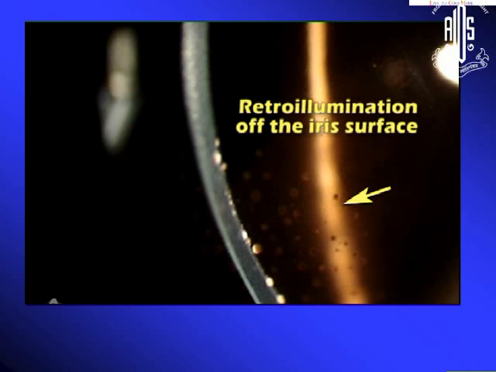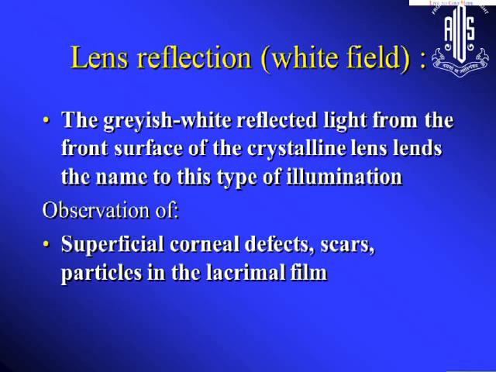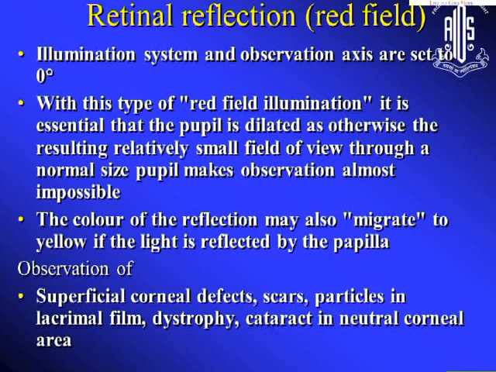With retroillumination from the iris, all these pathologies on the cornea will shine through. The lens gives reflected light, but since the lens reflected light is white, that's why it's known as white field examination. And the retinal reflection, as you saw earlier, was all red field.